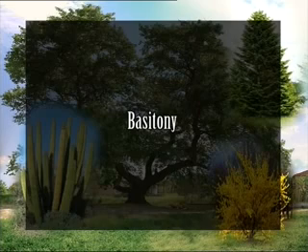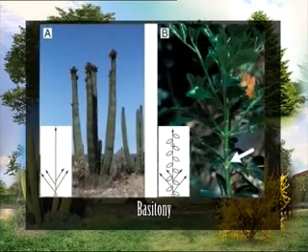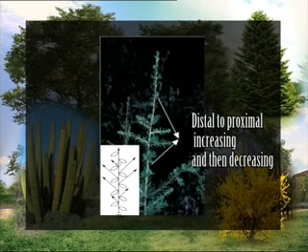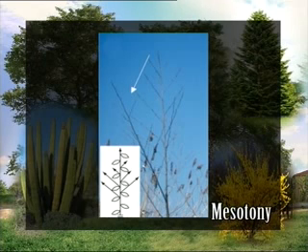Basitony, on the other hand, was at first considered as the preferential development of lateral axes in the basal part of a vertical stem. Bell in 1991 used the term basitonic branching when the proximal branches grow larger than the distal ones. Finally, mesotony is used for a privileged development of branches in the median part of a shoot or axis.